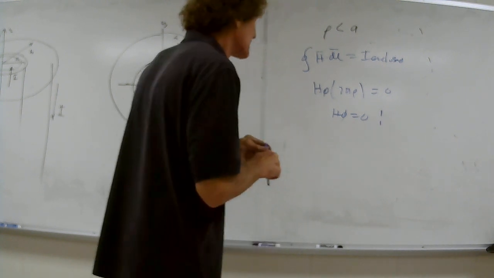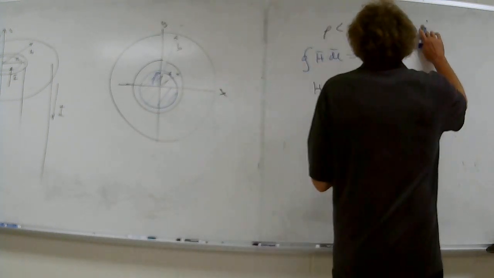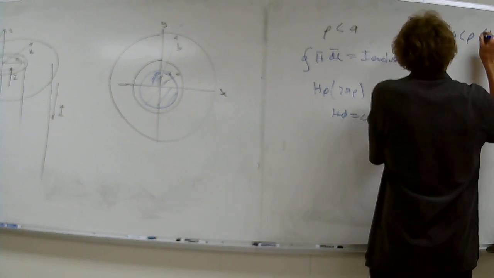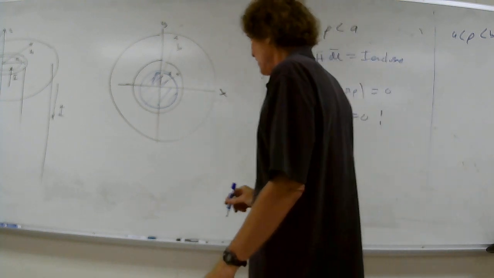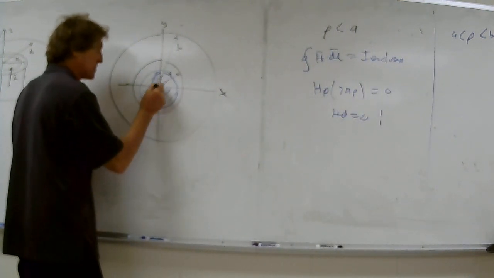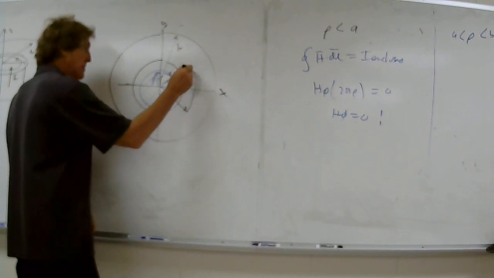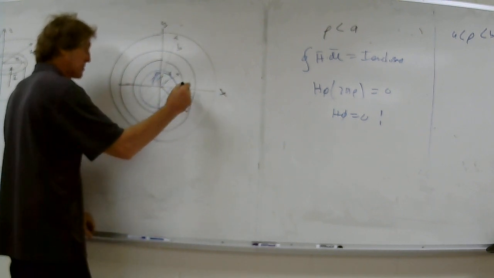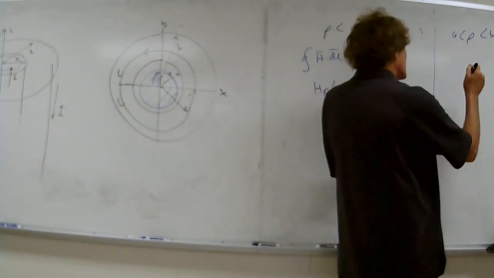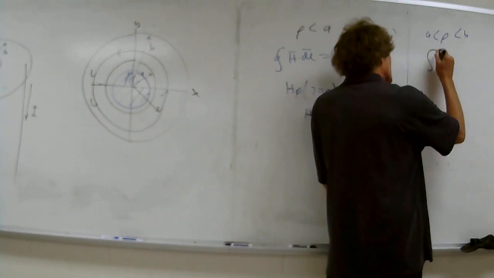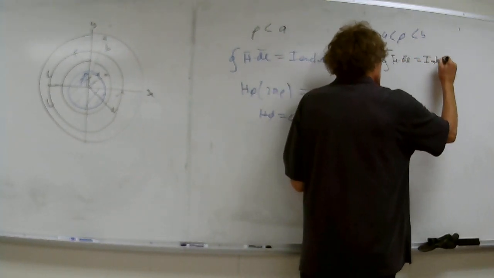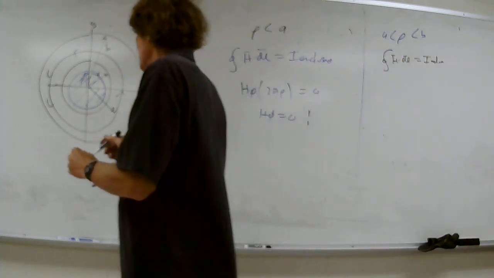Now, I think you can see where I'm going. Next, this is going to be for rho greater than A, less than B. Here's A, here's B, and I'm out here. My Amperian loop will still be the integral of H dot dl around the closed loop, and that is still the I enclosed, right?